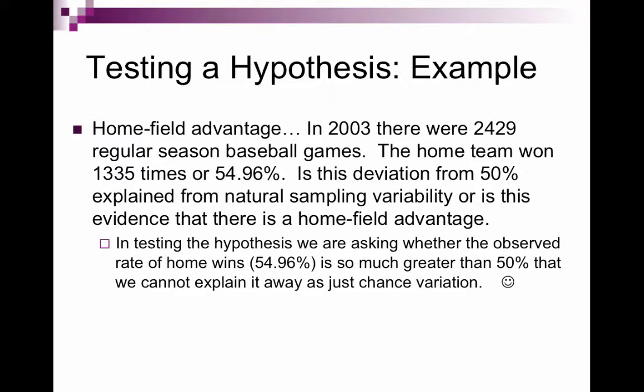Is this deviation from 50% explained by natural sampling variability, or is this evidence that there is a home field advantage? We're assuming that you have a 50-50 chance of winning at home. In testing the hypothesis, we are asking whether the observed rate of home wins, 54.96%, is so much greater than 50% that it cannot be explained away as just chance variation.